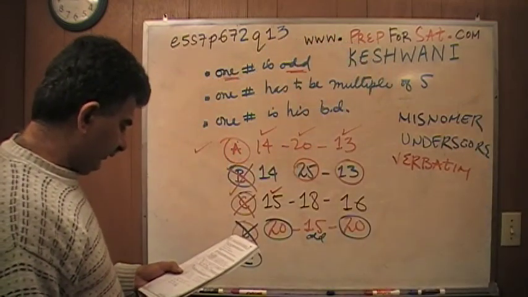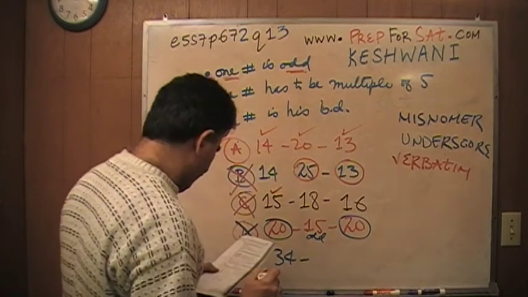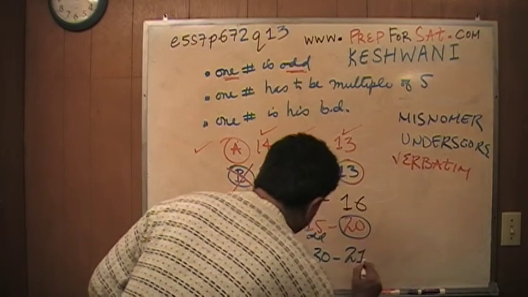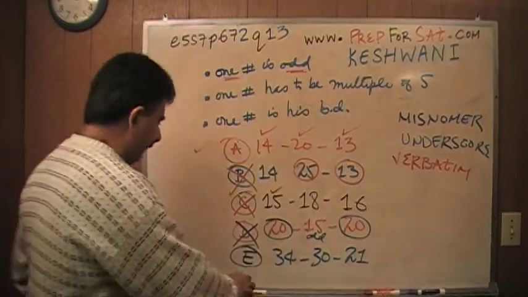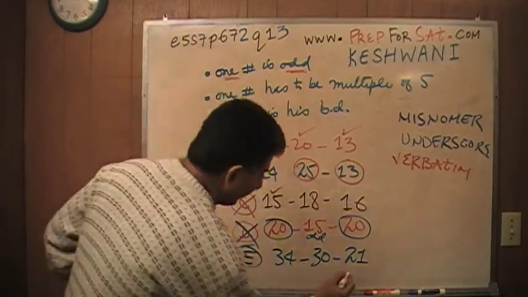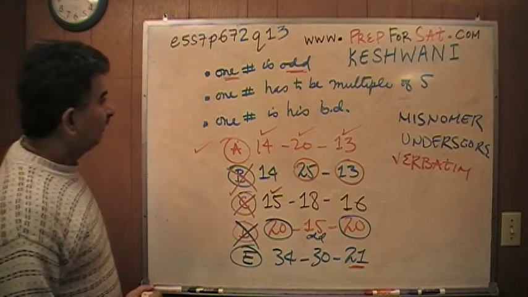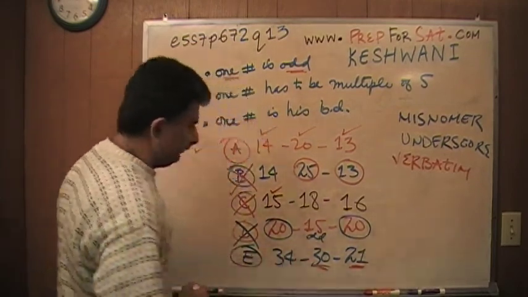The last answer choice is 34, 30, and 21. Very quickly. Well, I need an odd number. I have an odd number right here. That's so far so good. I need a number that is a multiple of 5. There is a multiple of 5. That's good.